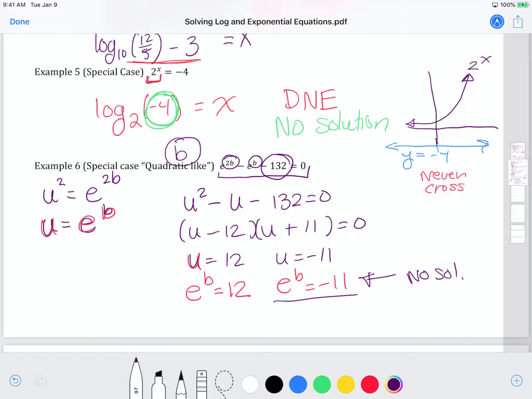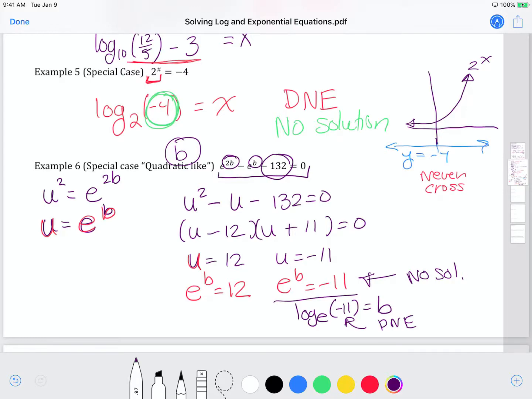It's impossible. It's the same situation as what we had in the previous example. There's no value of b that I would ever plug in that would give me negative 11. If I put this in log form, it would be log base e of negative 11 is equal to b. And this is a does not exist. You can't take the log of a negative number.